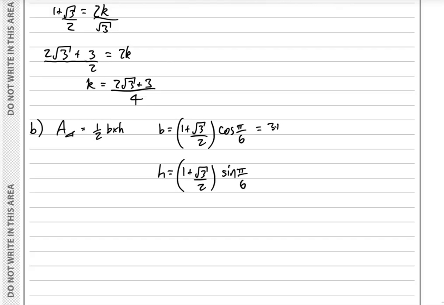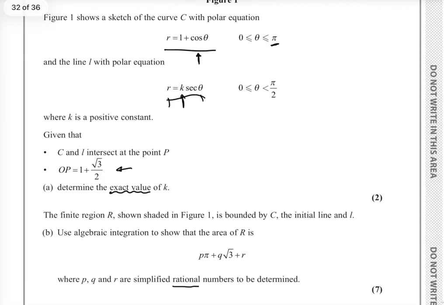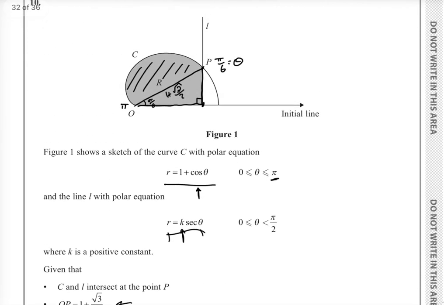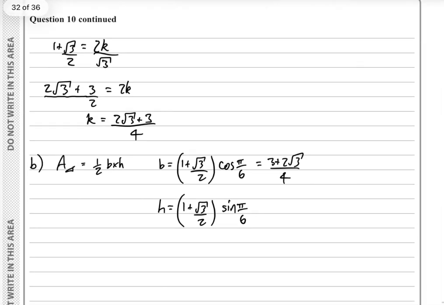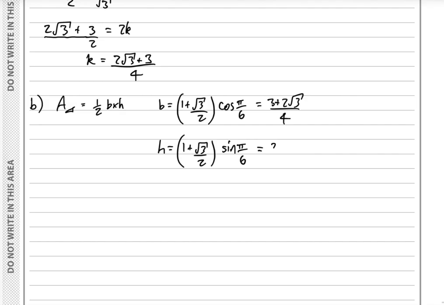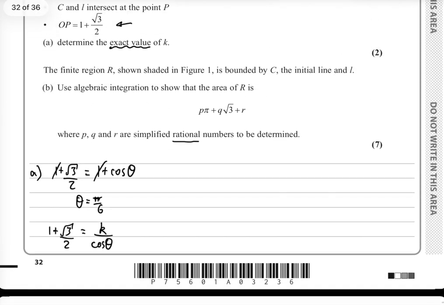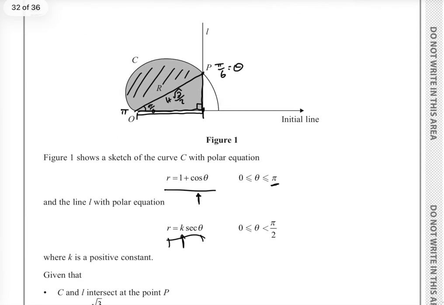That one is 3 plus 2 root 3 over 4, which makes sense because that matches our k value, which is what this would be when theta equals 0. So that's this length here. Nice to have the confirmation. And this one is 2 plus root 3 over 4. Putting that into our area formula for a triangle gives me a very horrible 12 plus 7 root 3 over 32. Wow, that was awkward and complicated just to get the triangle.